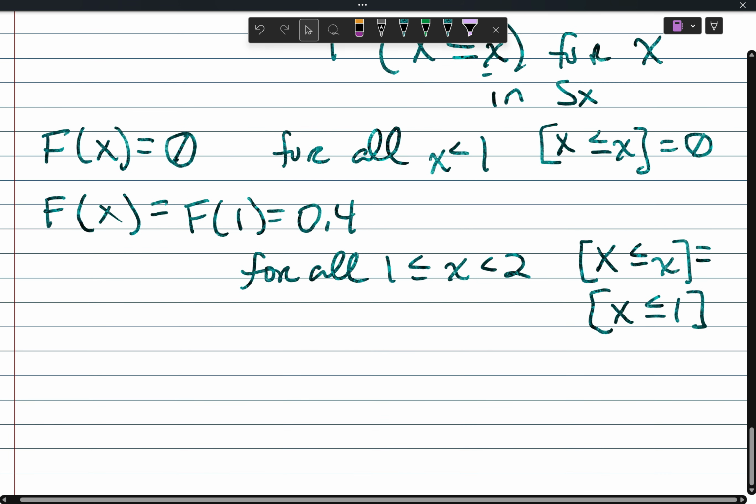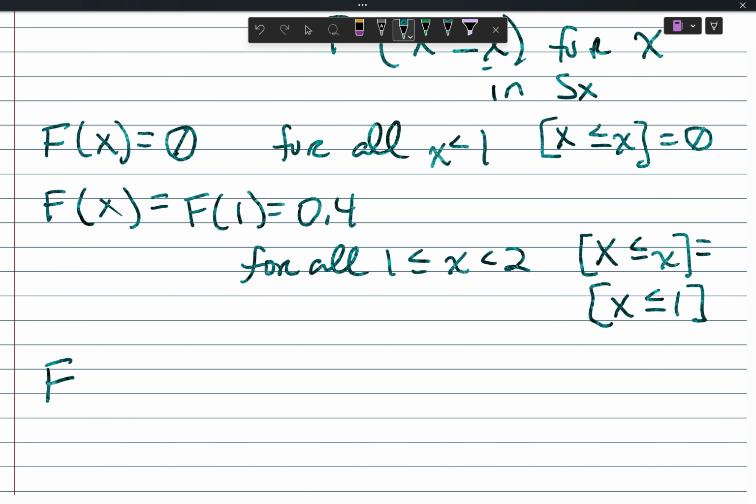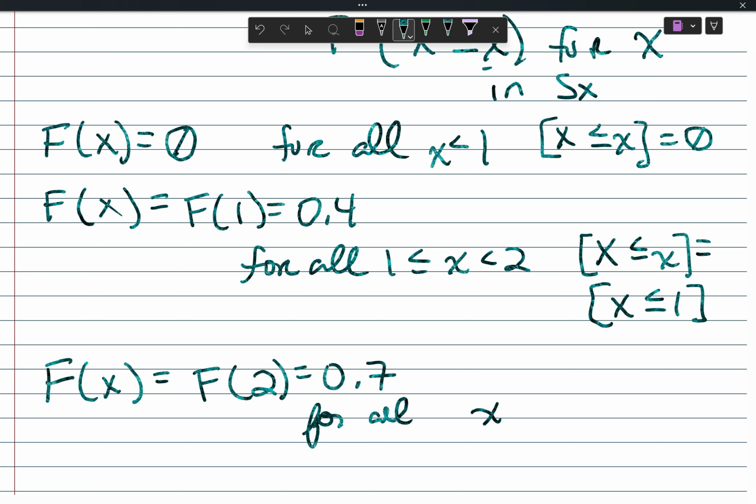Okay, and then we have F(x) equals F(2), which is 0.7, and this is for all x, this time x being between 2 and 3. And this is because the random variable X less than or equal to x is equal to X being less than or equal to 2.